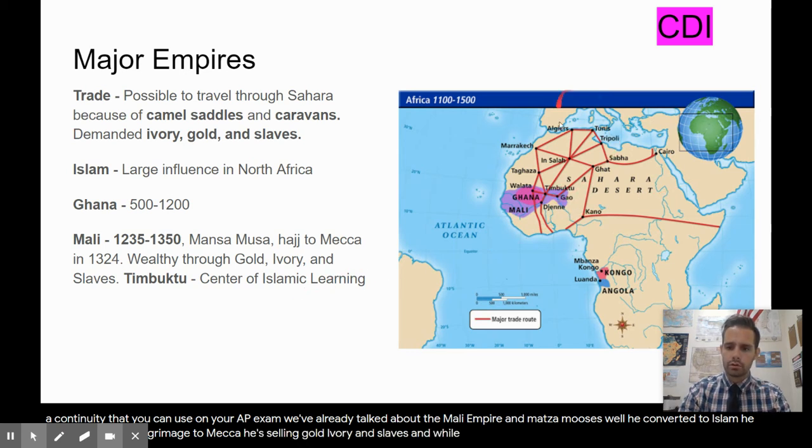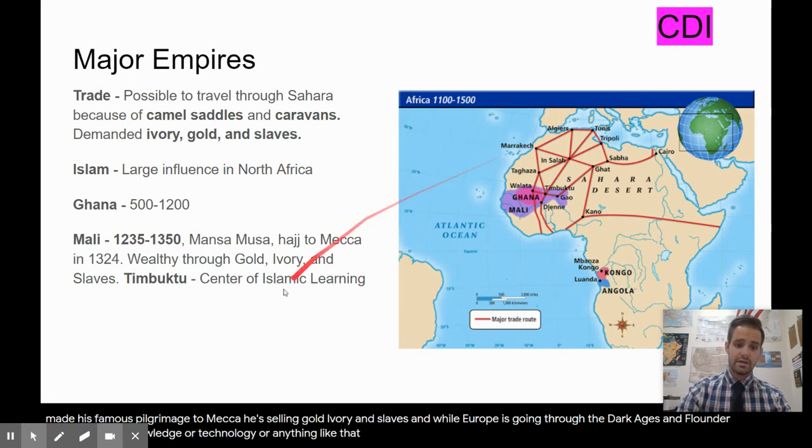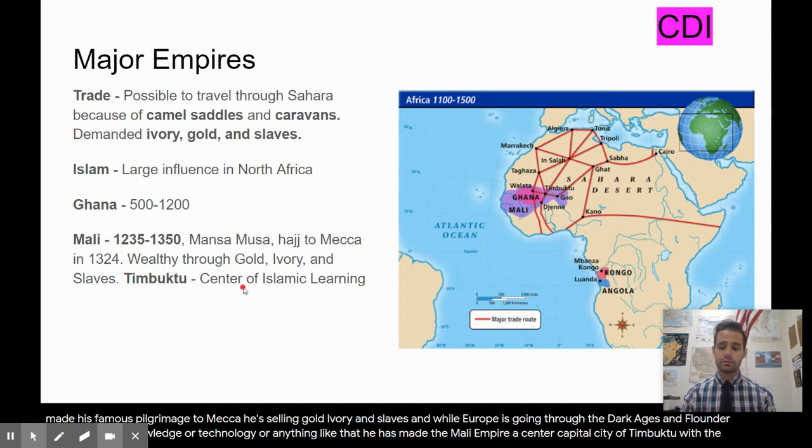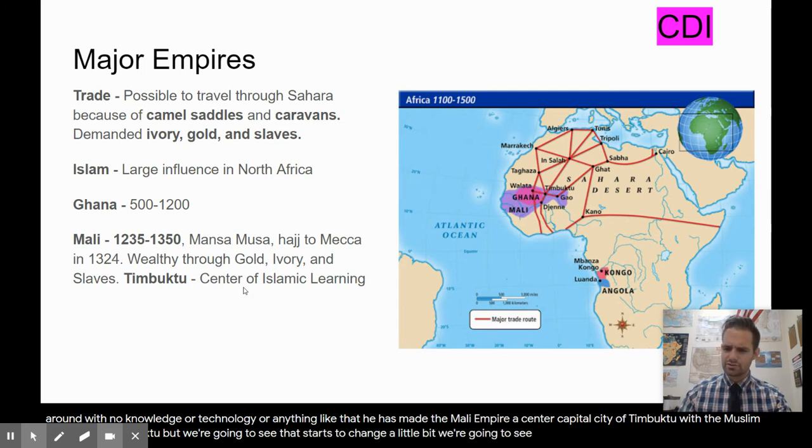And while Europe is going through the dark ages and floundering around with no knowledge or technology or anything like that, he has made the Mali Empire a center of learning, specifically in the capital city of Timbuktu with the Muslim University of Timbuktu. But we're going to see that starts to change a little bit. We're going to see some continuities and some change.